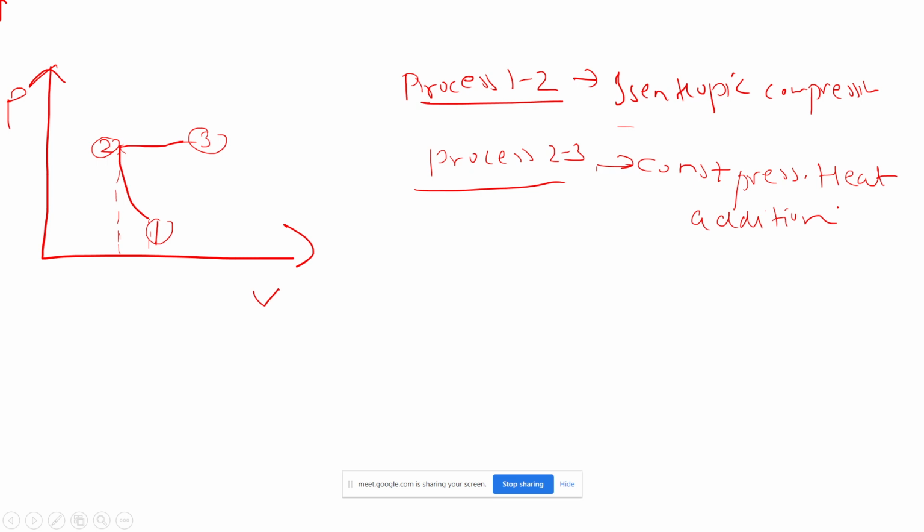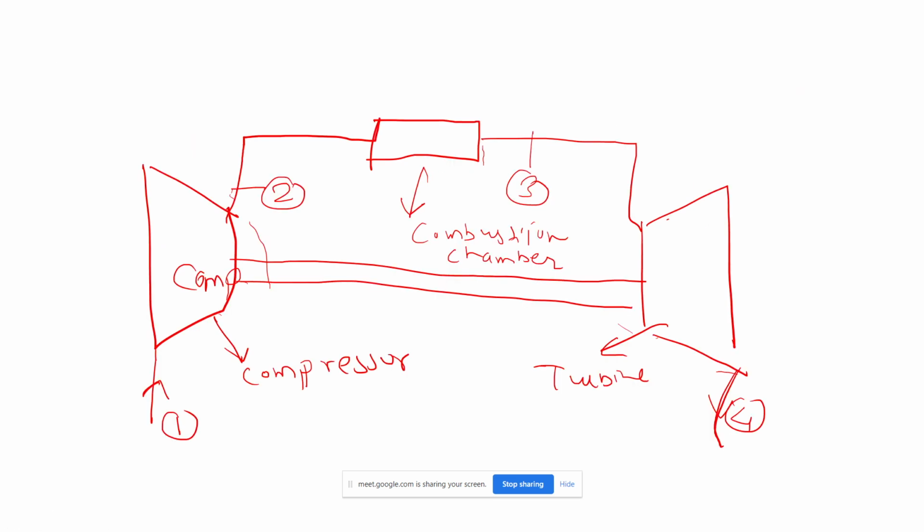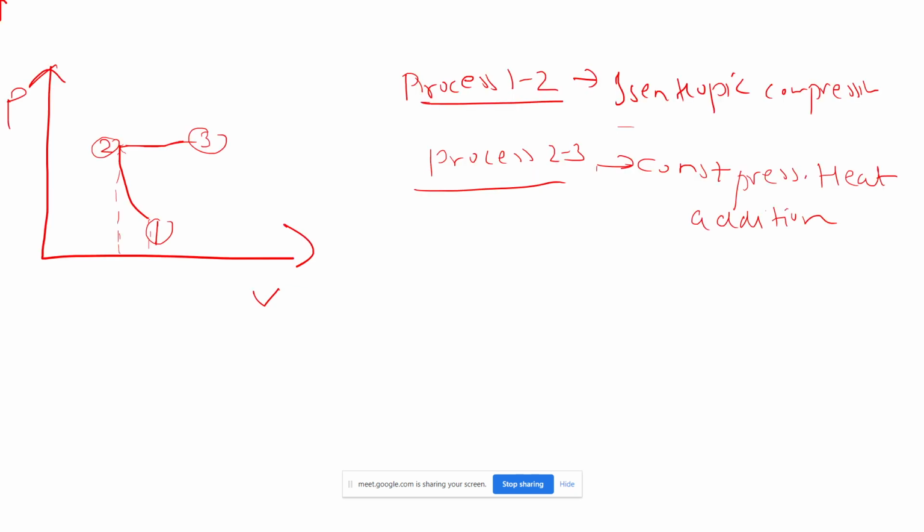Now from process 3 to 4, what will happen here? Because we have a turbine, the high temperature air will enter the turbine, and expansion of that air will take place. Because of the expansion, the turbine will do the work, and what will happen?